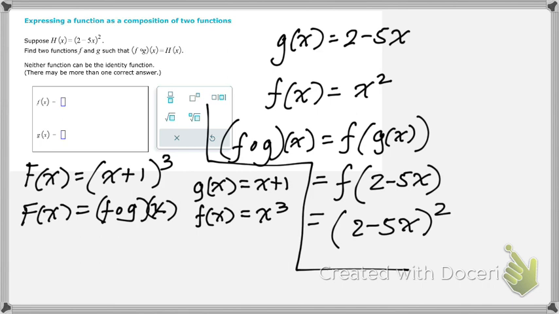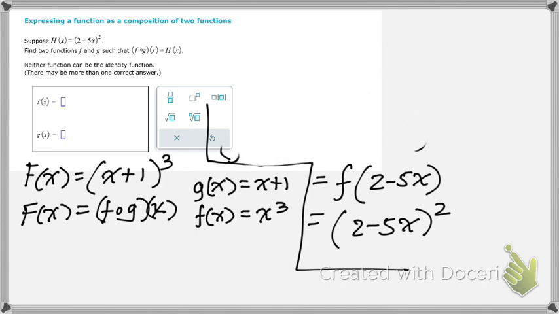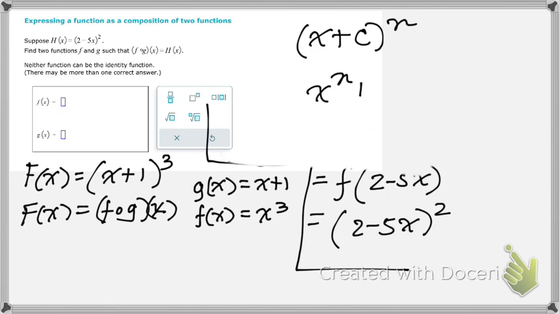It's either in the form x plus c to a power, or it's of the form x to the n plus c. Maybe we could throw a coefficient in there and say that there might be a coefficient like that. And that's it. Those are the two cases, and you have a few examples of how the cases work.